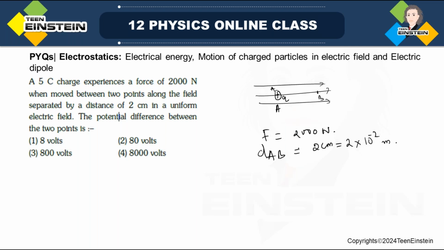See, when it is experiencing a force along the direction of field and we are moving it from one point to another, then there will be obviously work done by the external agency, which is bringing the charge from A to B. Okay, so according to the definition of the potential energy, we can write Q into VAB, the potential difference, that is actually the work done, and that is 2000 Newton into 2 into 10 to the power minus 2 Newton meter.